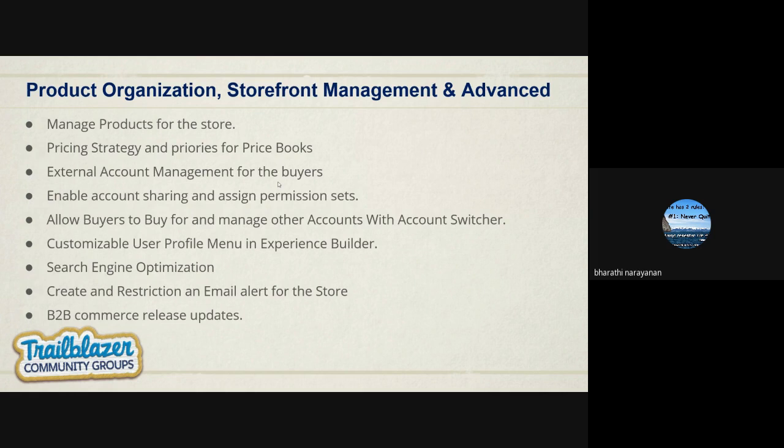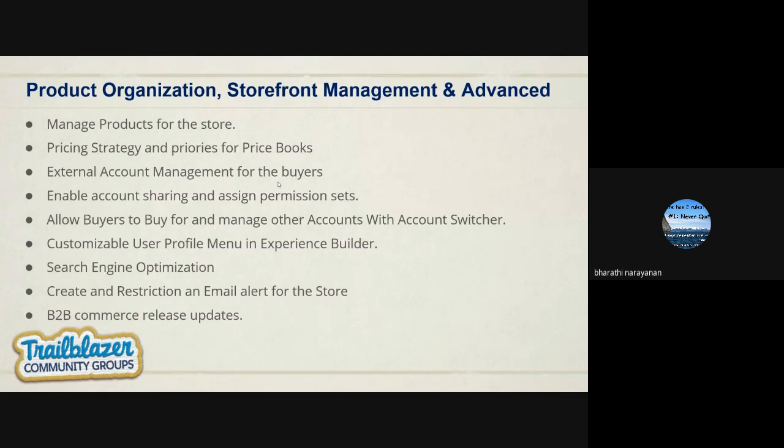So we have two different things in this concept. What happens here is the buyer can be assigned to different buyer groups, or else the buyer can be assigned to different price books. Based on that, we have to show our price books for the products, right?